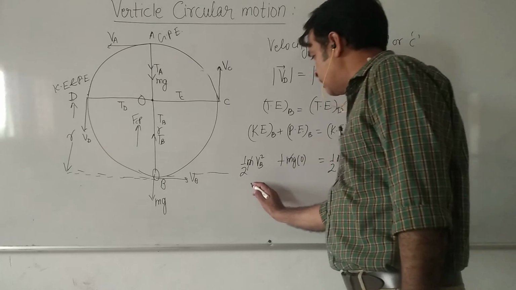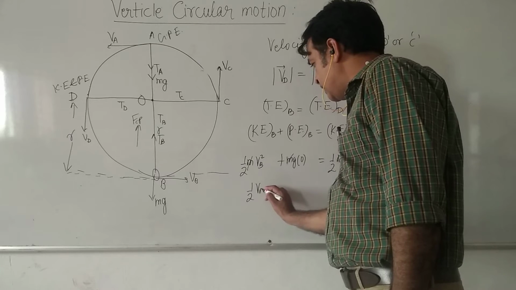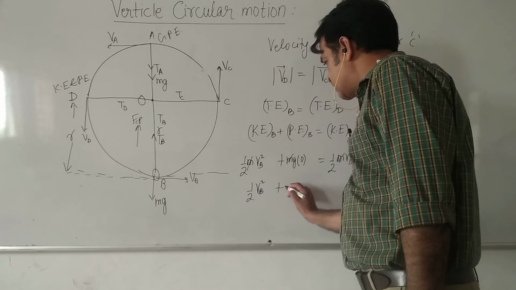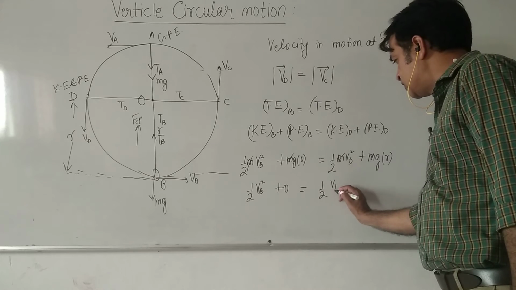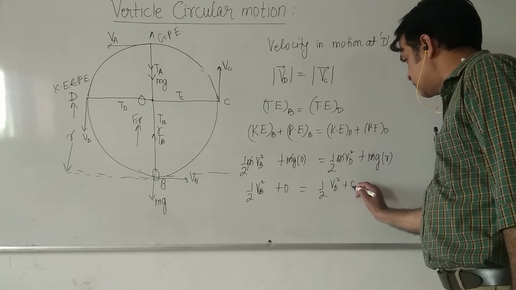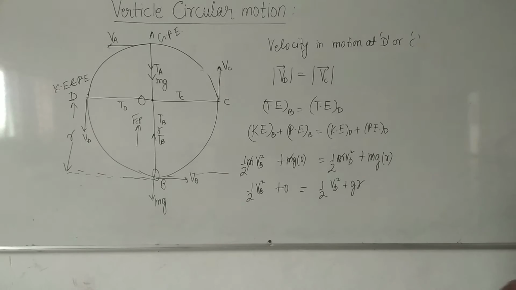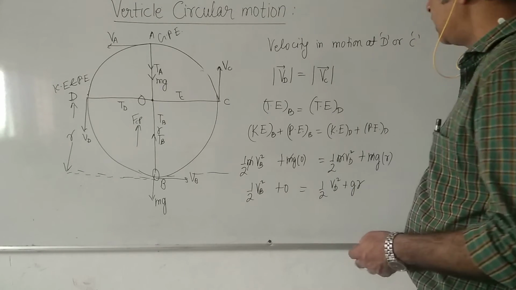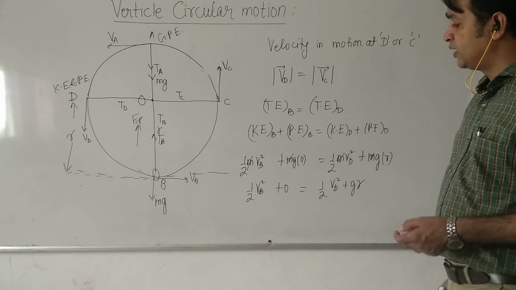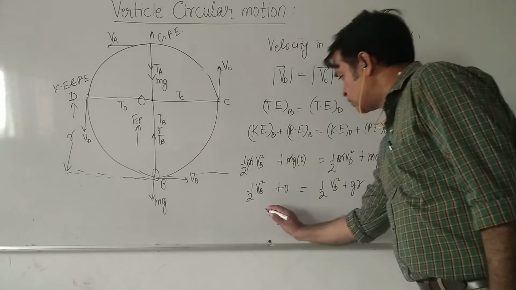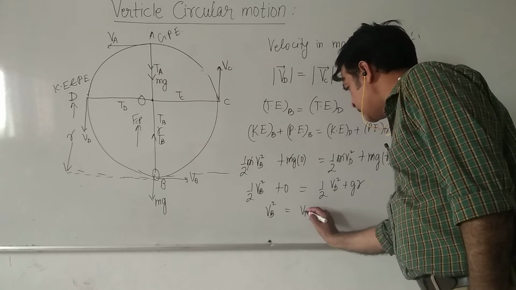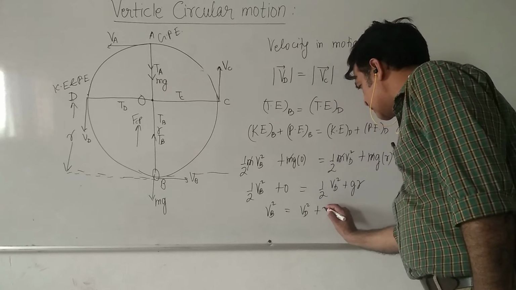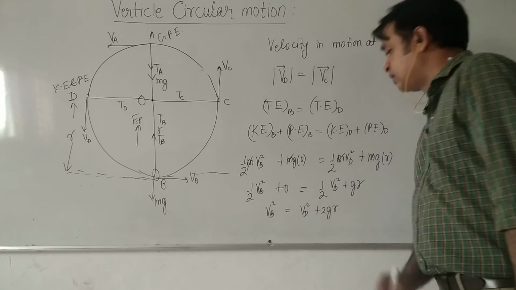So now we have half Vb square plus 0 equal to half Vd square plus gr. Now multiply to both sides, so Vb square equals Vd square plus 2gr. Note down.